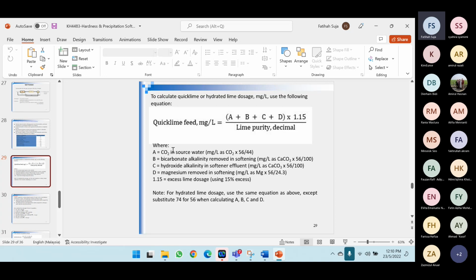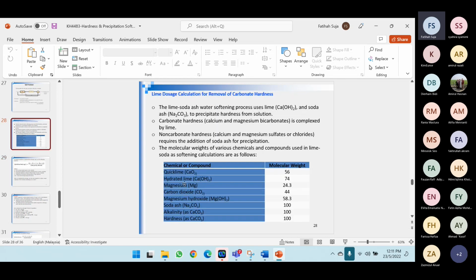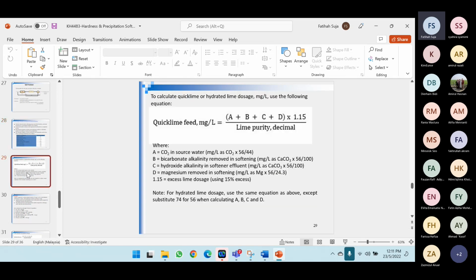So that's why you have to calculate the amount of lime used by CO2 in your source water. Okay, so CO2 in source water, milligram per liter as CO2, multiplied by 56, which is the quick lime molecular weight, divided by 44, which is the molecular weight of carbon dioxide.